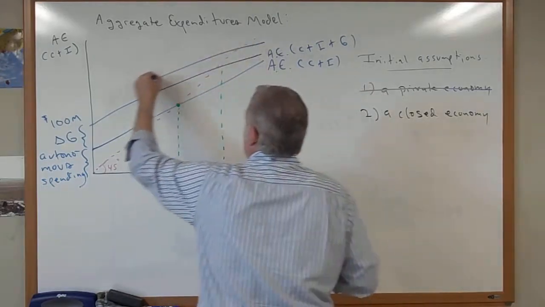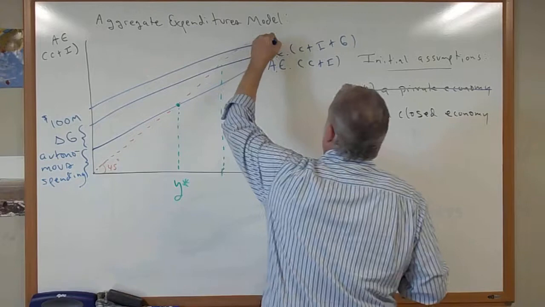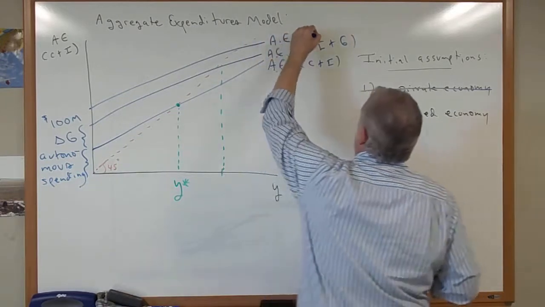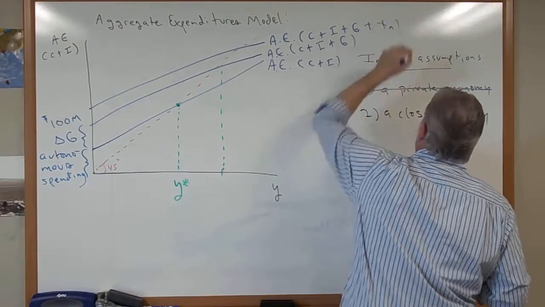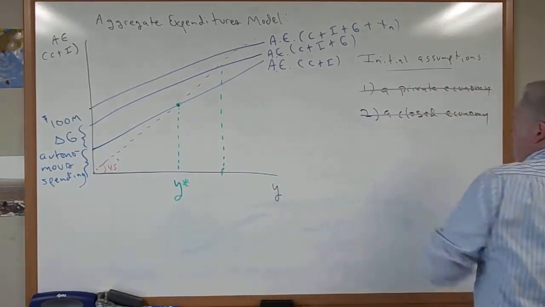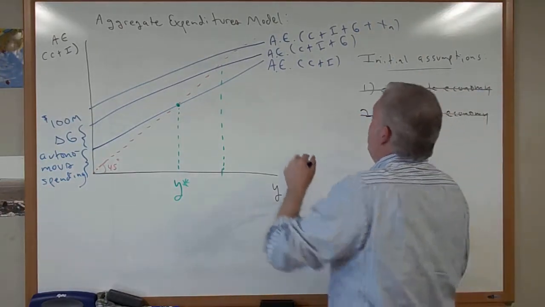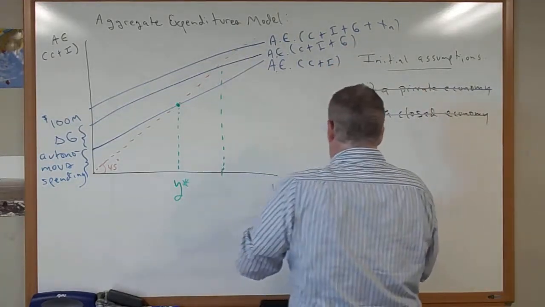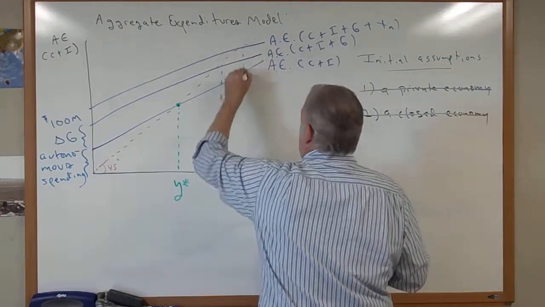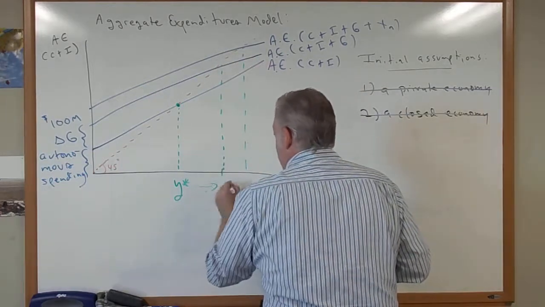And that is the idea that if we now bring into account all the elements of spending, that is consumption plus investment plus government spending plus net exports, then we relax the assumption of the closed economy and remove it. And if in fact this is a positive term of net exports, then we actually have a boost to GDP. So we move in this direction.